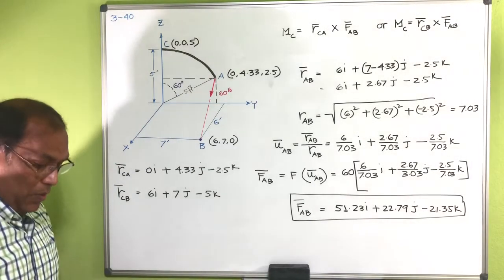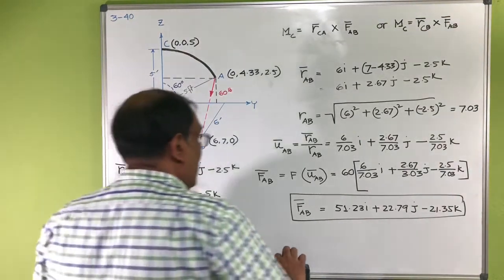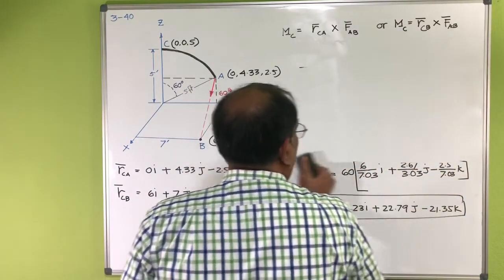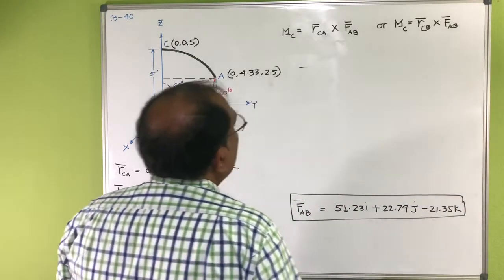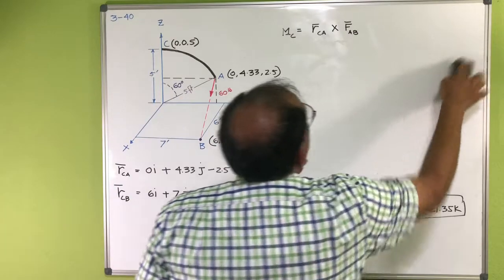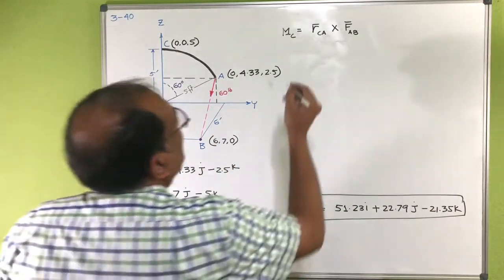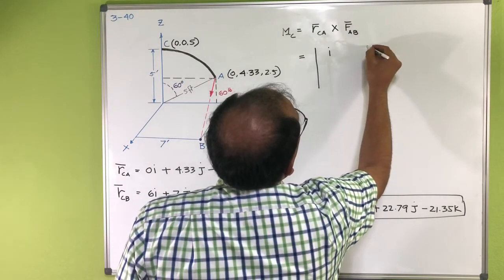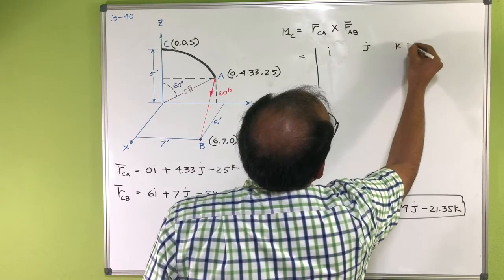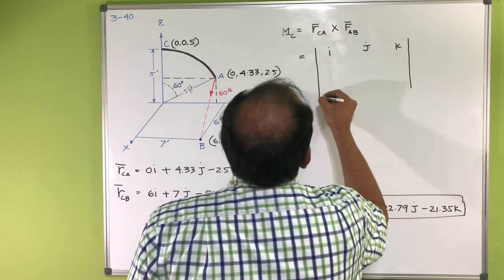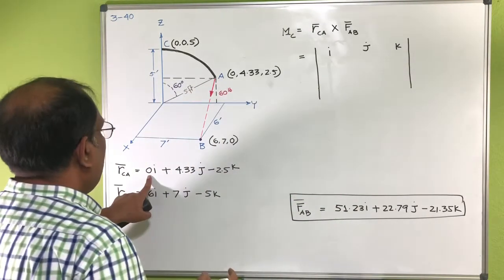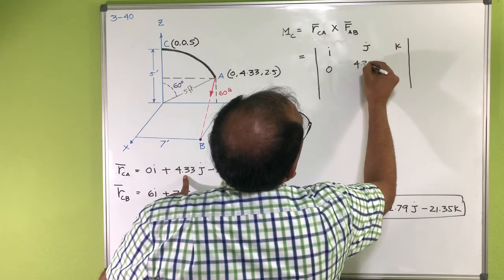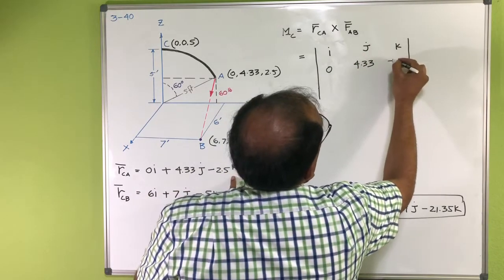Okay, now I'm gonna do that one by one. So if I do this one first, so this one would be I, j, k. Then the position vector CA. So C is 0, 4.33, and minus 2.5.